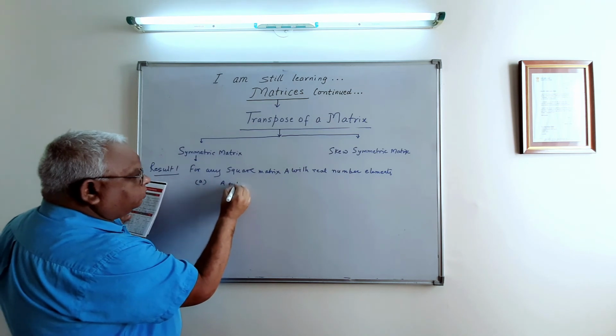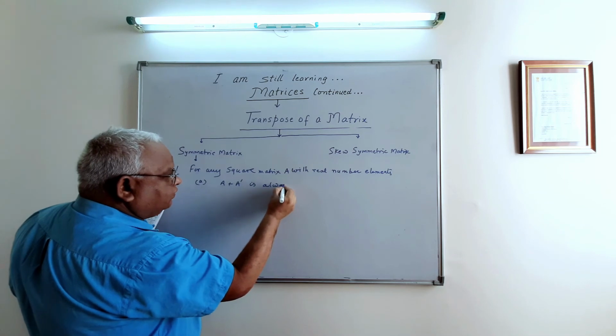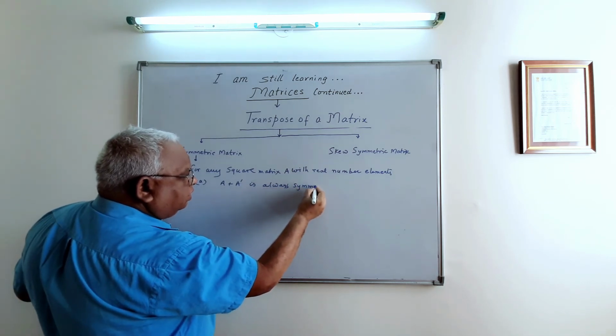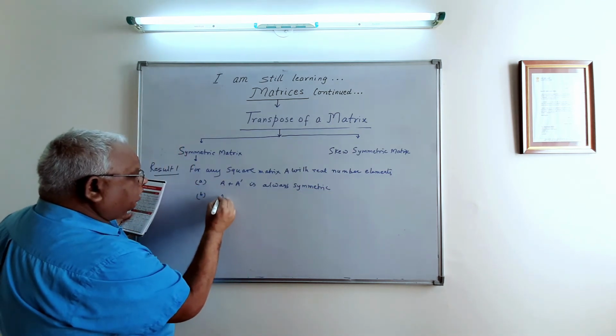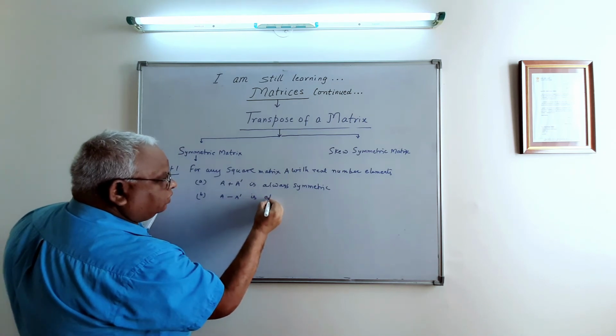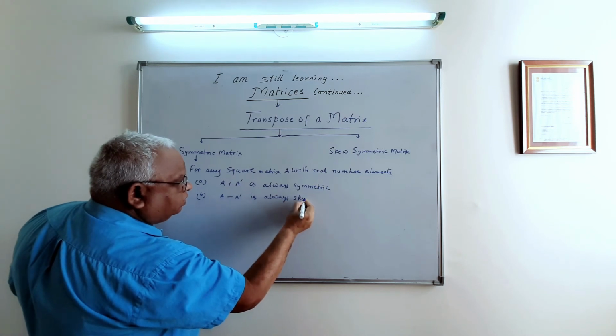A plus A transpose is always symmetric, and A minus A transpose is always skew symmetric.